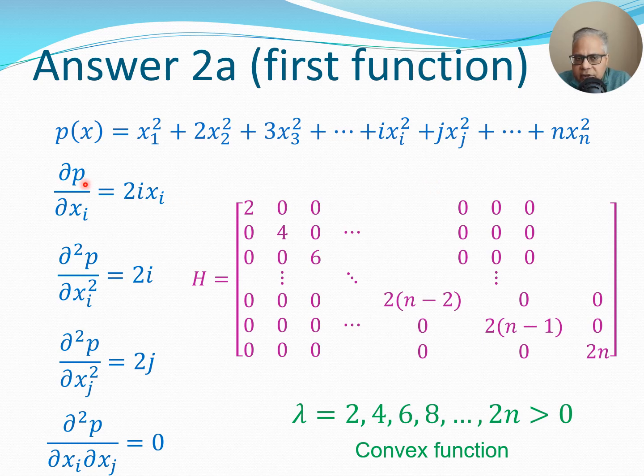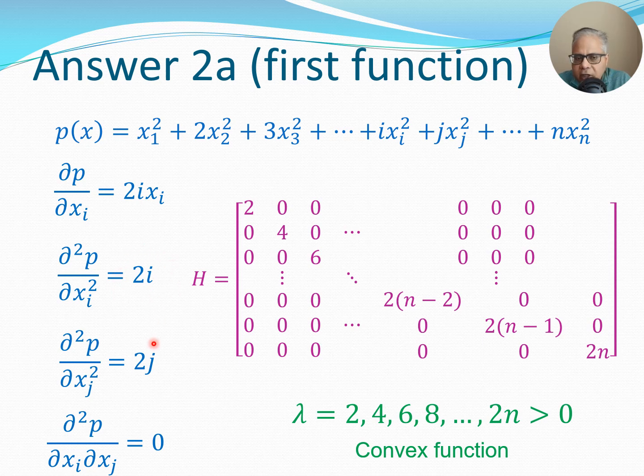So if I differentiate p with respect to xi, I immediately get 2ixi. Remember, when we take partial derivatives, we treat all the remaining variables as constant, and so only the term ixi square is going to get differentiated, and we are going to get this. Now if I take the next derivative, I am simply going to get 2i here.